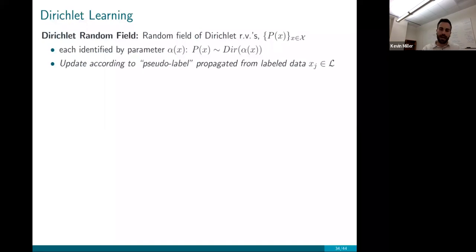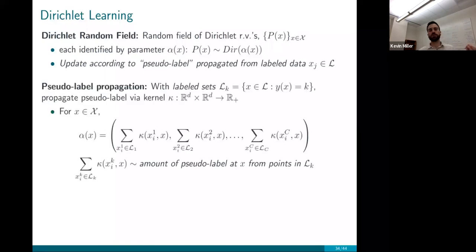We update the alphas according to the amount of pseudo-label propagated from labeled data to the node X. So the idea here is that for each of these labeled sets, LK, we take the sum of all these propagations from the labeled points in the labeled sets to the point in question. So for X in our graph, we take the sum over all of the similarities, these propagations from labeled points of class 1 to the unlabeled point X, and do the same thing for each of the other classes.